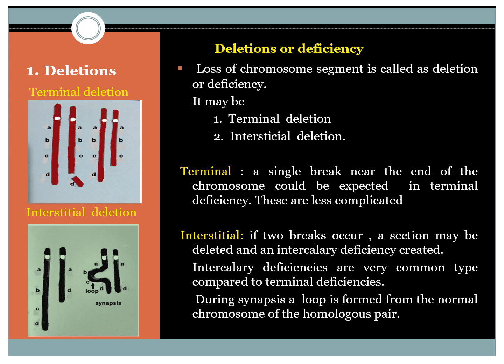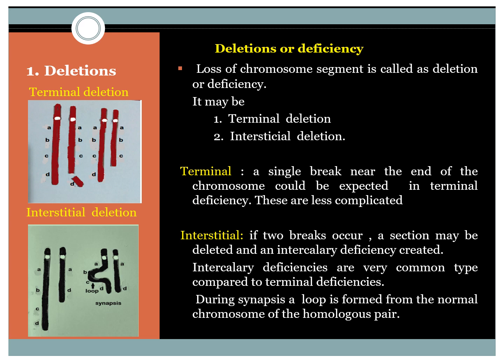Generally, these deficiencies are of two types: terminal deficiencies and interstitial deficiencies or deletions. Terminal deletion refers to the loss of a segment from one or the other end of the chromosome. The eccentric part of the chromosome is unable to survive and causes terminal deficiencies or deletions.